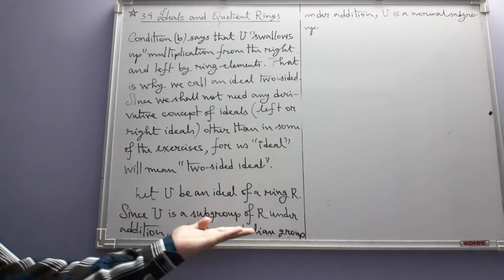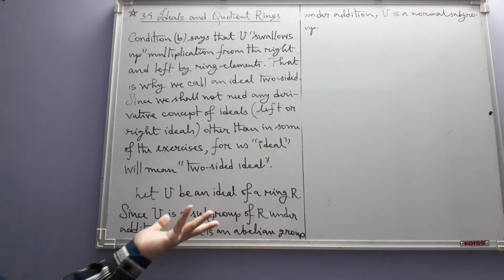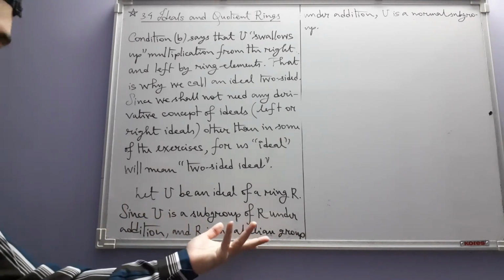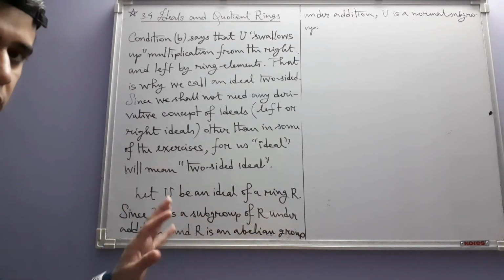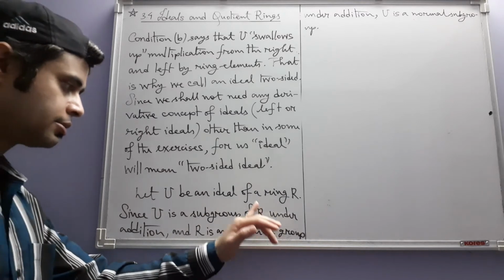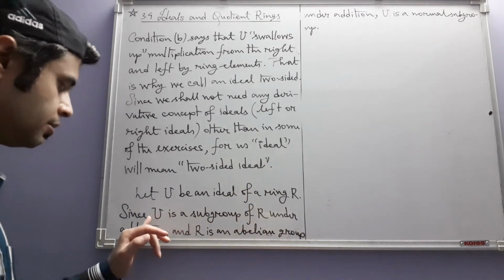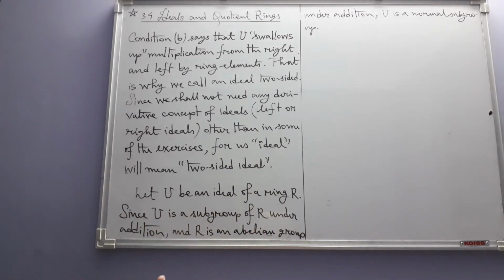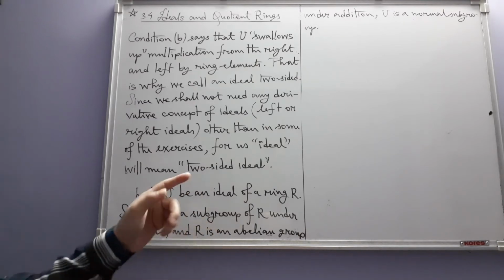Since the group R is abelian under addition, of course, under addition we are considering these things. Group structure is there under addition. Since R is an abelian group, in an abelian group every subgroup is normal. So U is normal. So that means we can form the quotient group R by U.